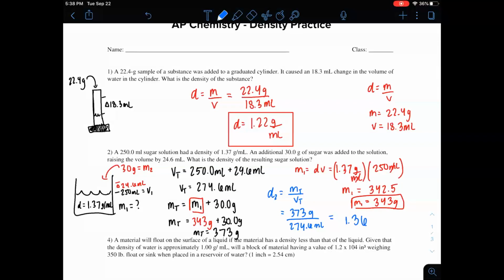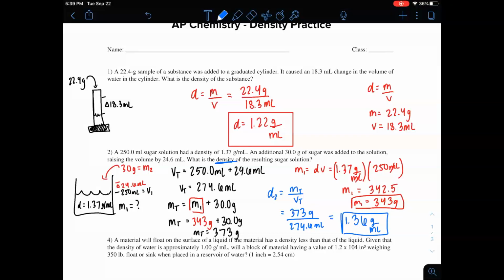And I end up with 3 significant figures on that one, and that is grams per milliliter. So that is my new density in blue.